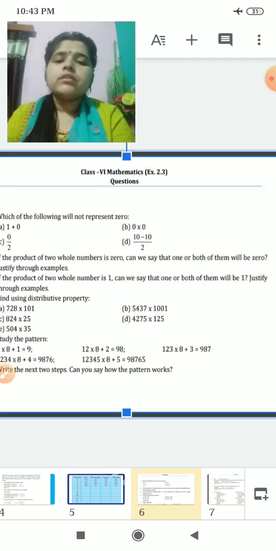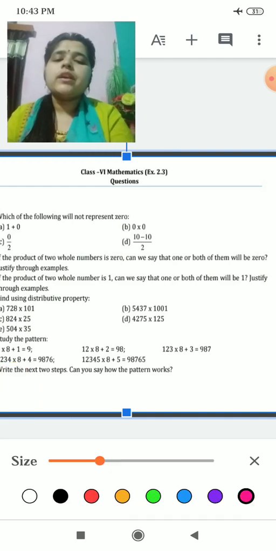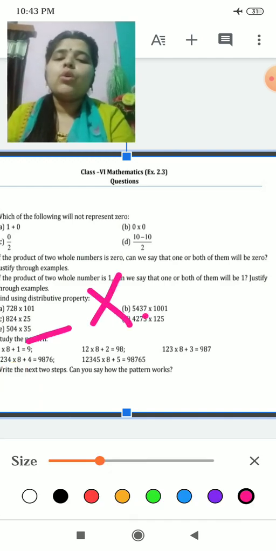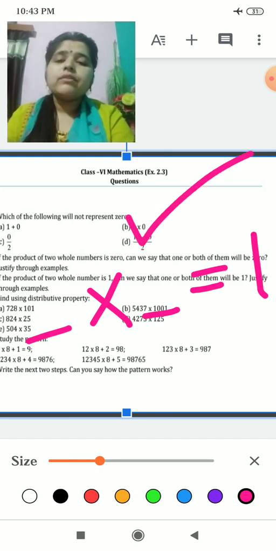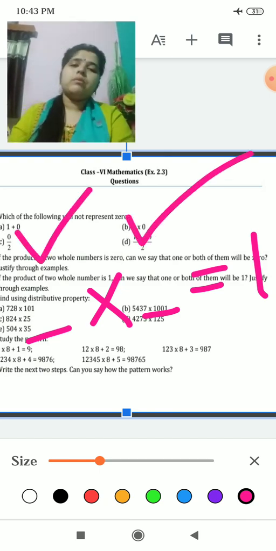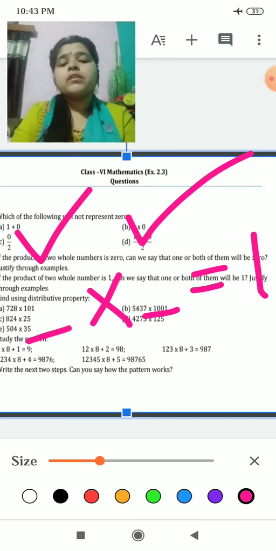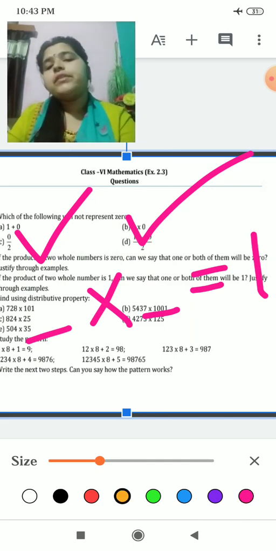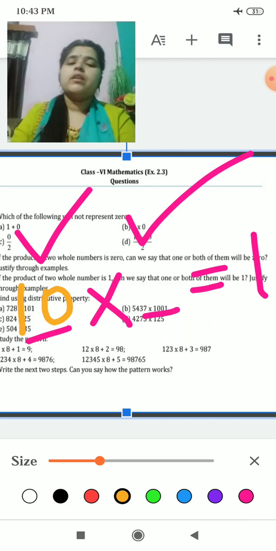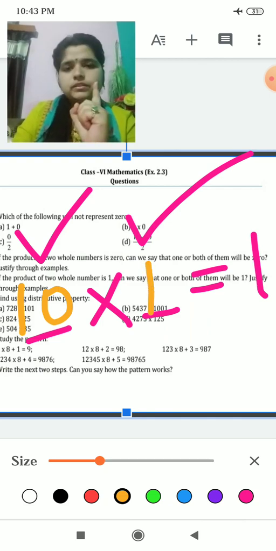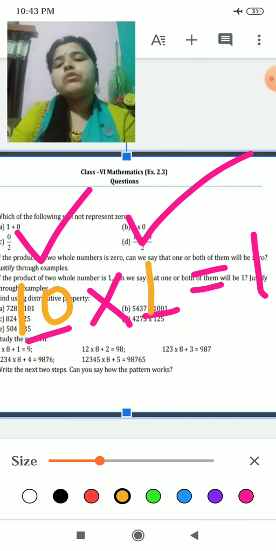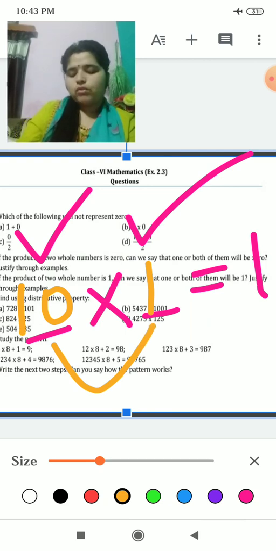Yes, tell me. See, I have taken here 10 and here 1. Now tell me, when you multiply 10 by 1, what answer will you get?